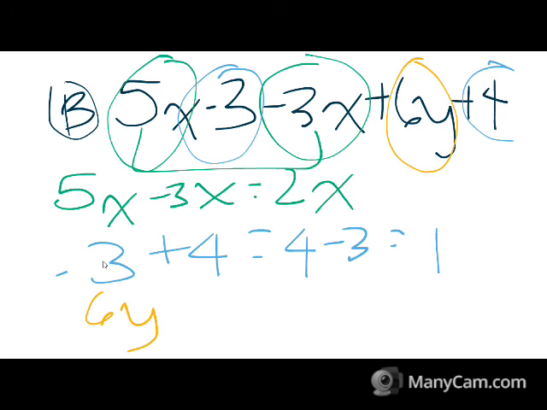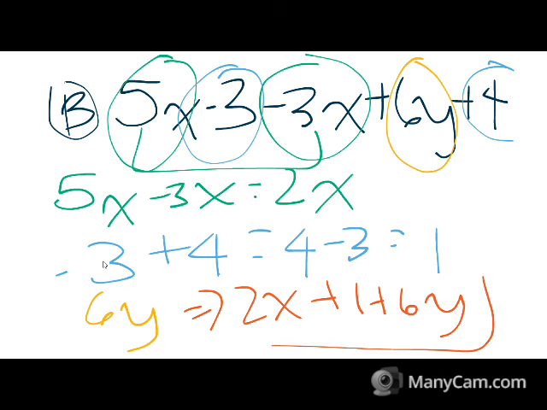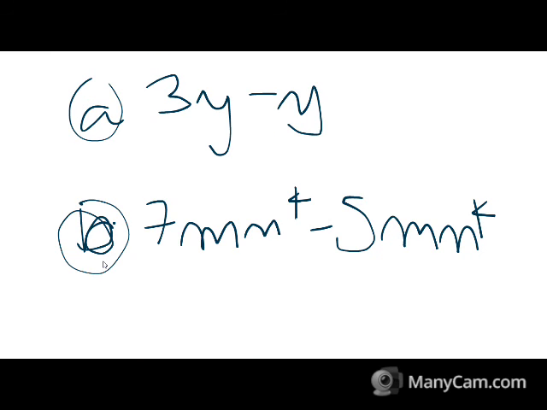So now I can combine everything. My answer is going to be 2x plus 1 plus 6y. The reason I'm adding all these together is because this is positive, and this is positive. So that's my final answer. Because those were the only 2 examples, why don't you try letters A and B?